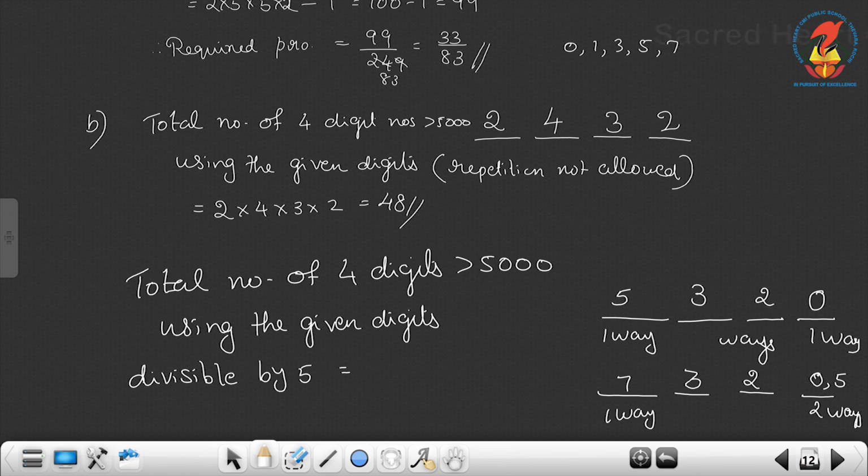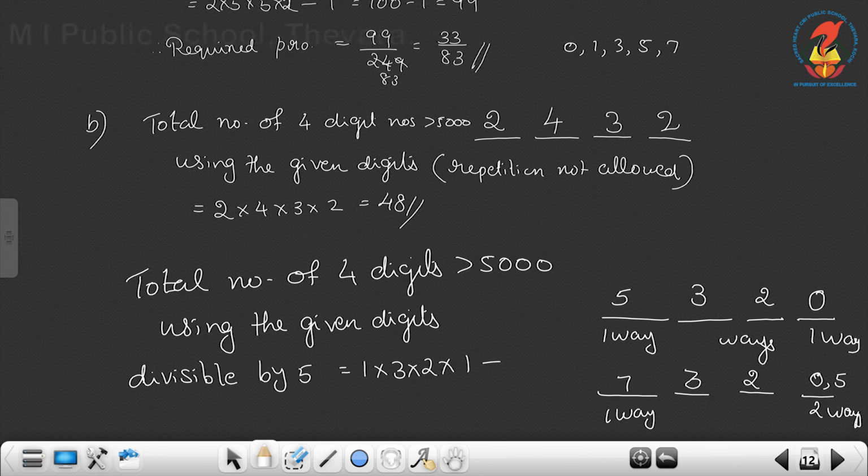So 3 into 2 is 6, 6 into 2 is 12. So what is the total number? The first way is 1 into 3 into 2 into 1. This 1 indicates the number 5 here, and here the number 0. This is 3 ways, 2 ways.